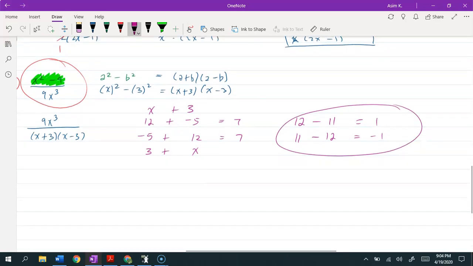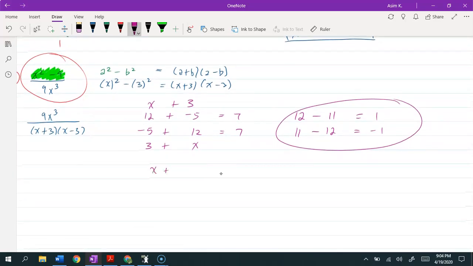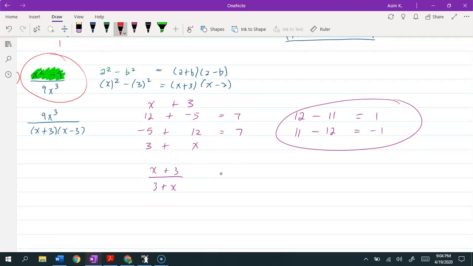So when it comes to an x plus 3 and a 3 plus x, you're welcome to cross cancel those two terms because they're exactly the same. But if you were to have something like x minus 3 and then 3 minus x, you can't exactly cancel them yet. But let me tell you one thing you could do.